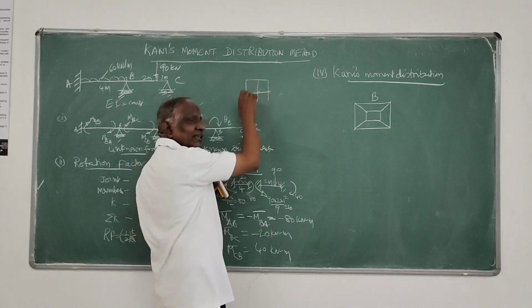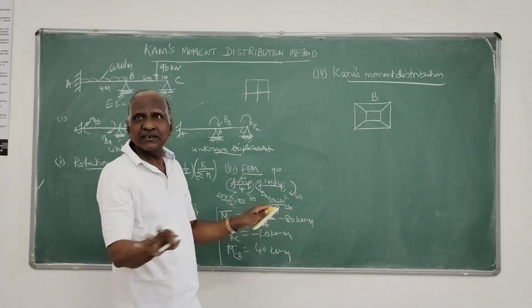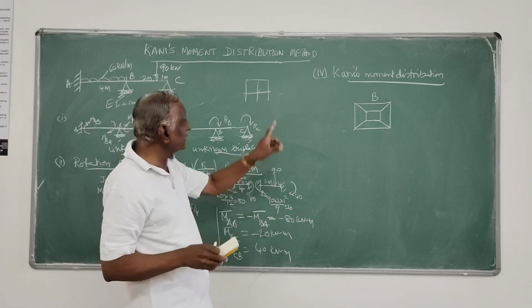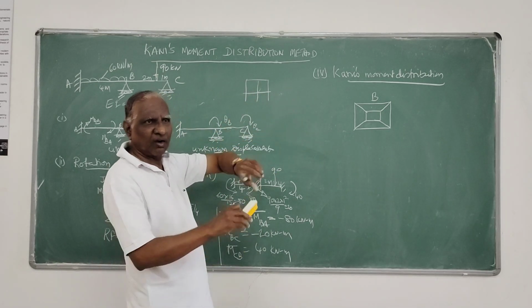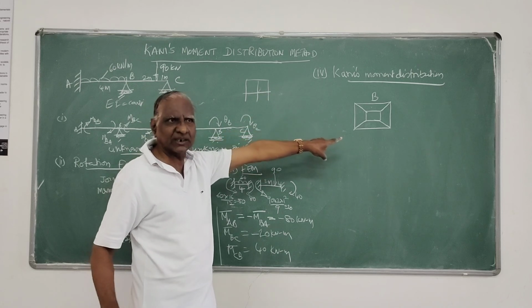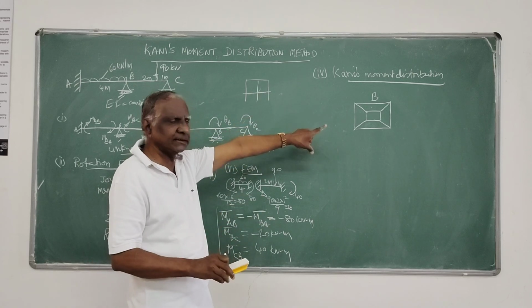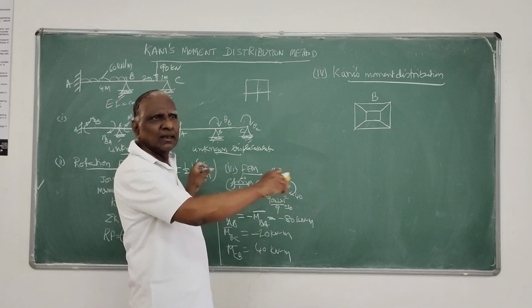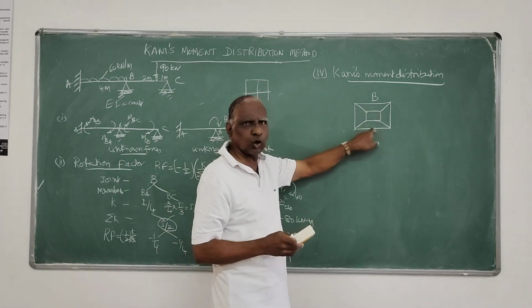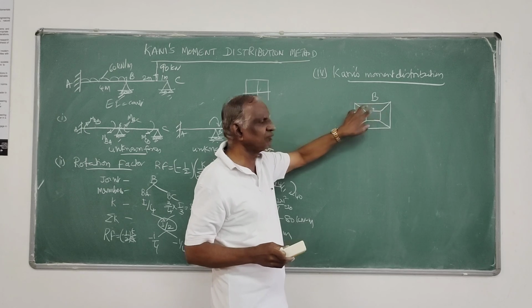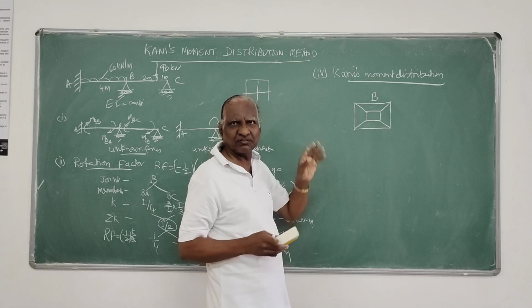Any other member has to be inclined only, which we are not considering. That is why, to represent the rotation factor in general of all the members meeting at the joint, at any joint you can have four members. That is why for those four members we make provision for writing the rotation factor.